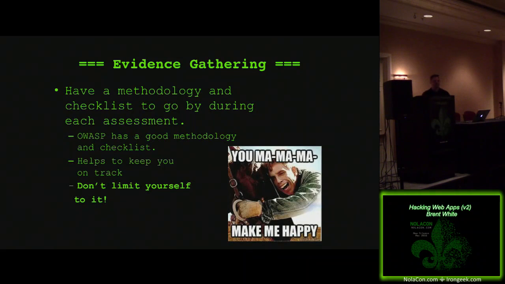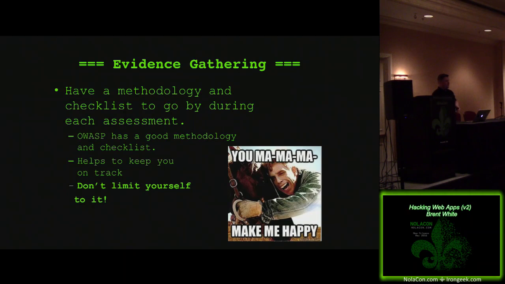I've had quite a few people ask me, okay, so how do you know what to look at? There's so much stuff. First thing I would suggest is a methodology to go by. OWASP has a great methodology for assessing web applications. It basically considers every facet of that application for you to go check.